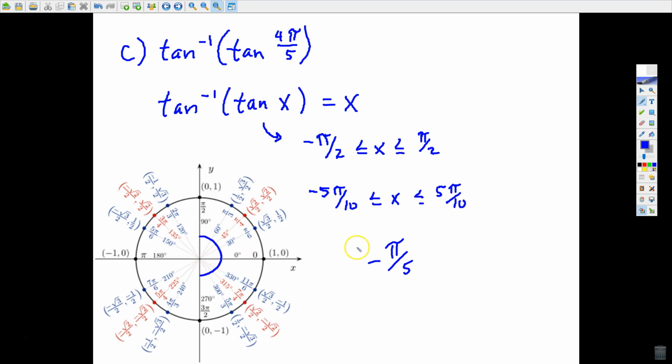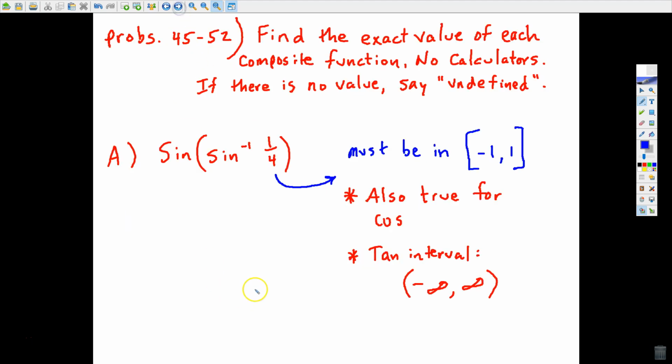And so instead of 4 pi over 5, which fell outside of this area, negative pi over 5 definitely does fall within the area. So it's a combination of finding the reference angle and then making sure you choose the appropriate sign for the function. Okay, so we move to a different type of problem.